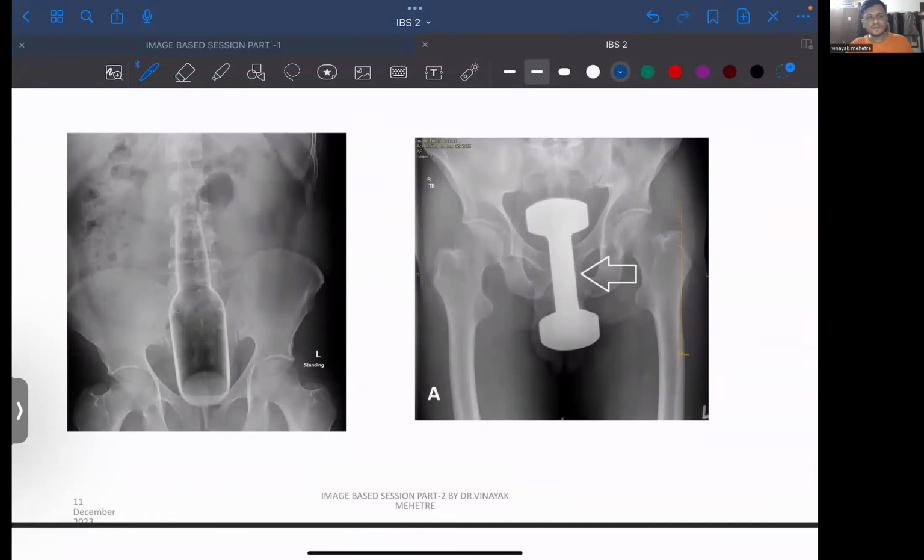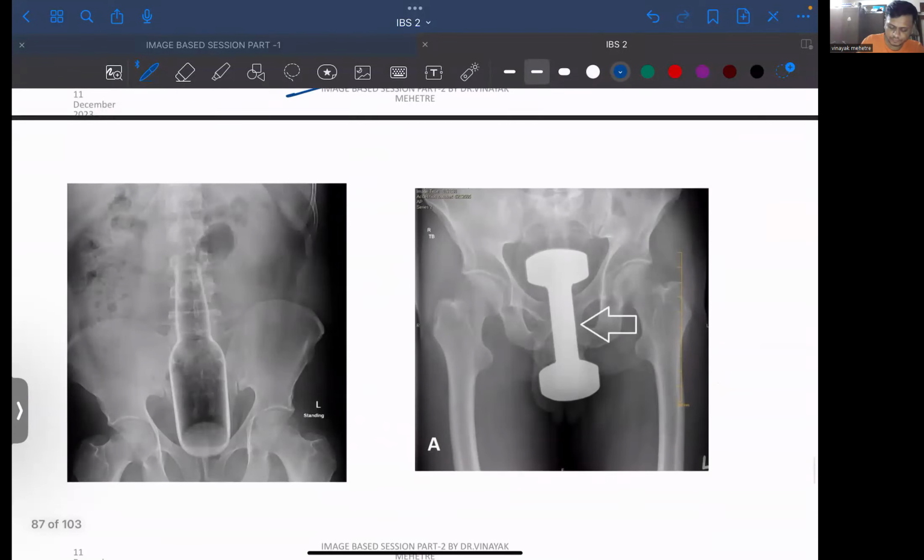Winter is there, so the urge to have sex is more. So people who are not getting it properly are going to use such things, by the front side or by the back side. So it is a foreign body.